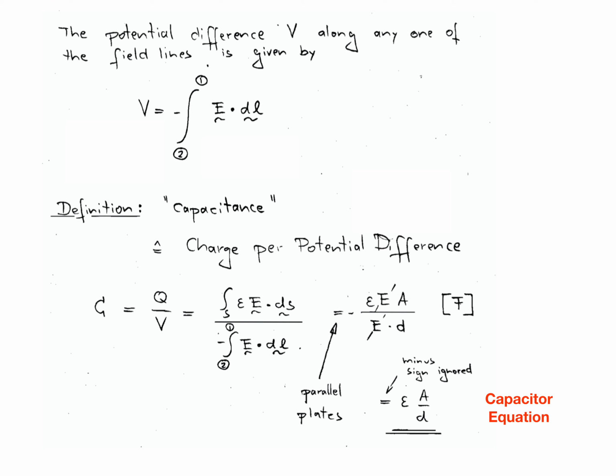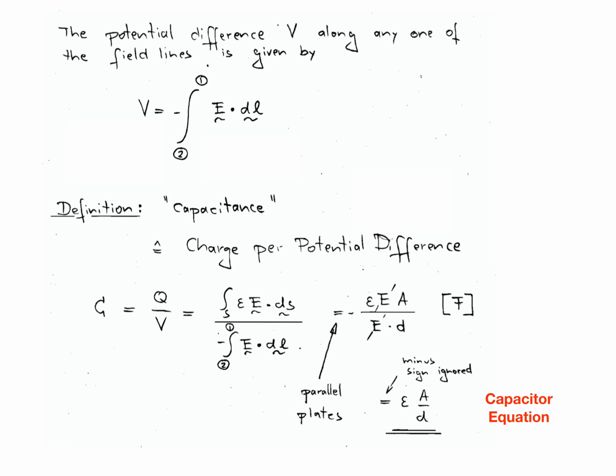We simply replace Q with the relationship we obtained on the slide before, namely surface integration of epsilon E times dS, which we know is equal to epsilon times the normal component of the electric field strength times dS, and divided by the equation at the top, namely minus path integration from 2 to 1 over E times dl.